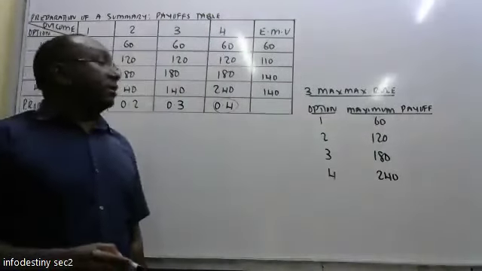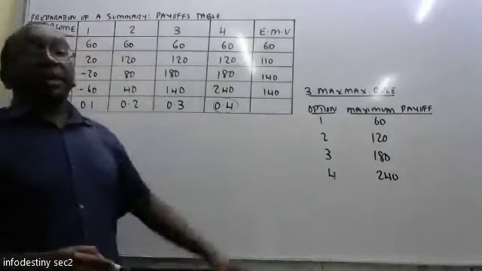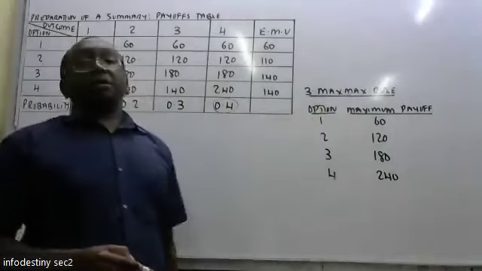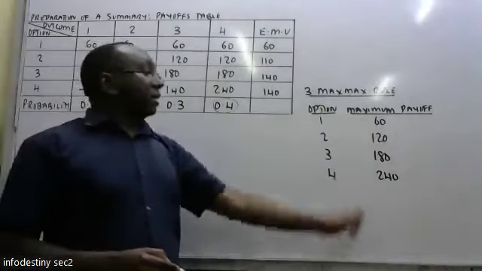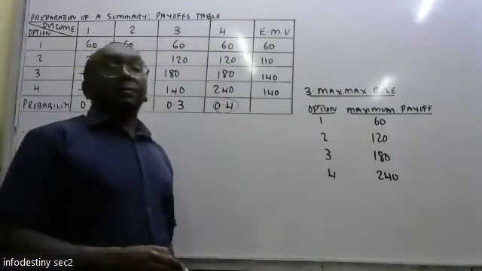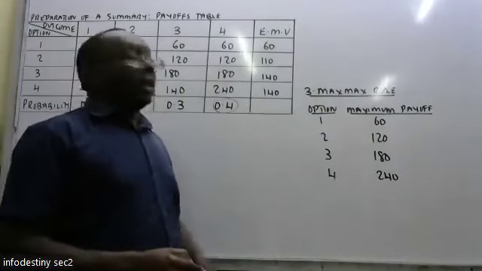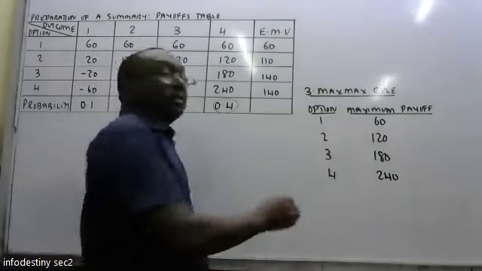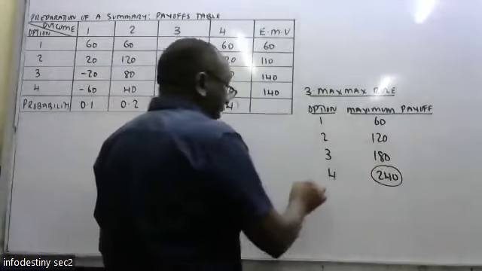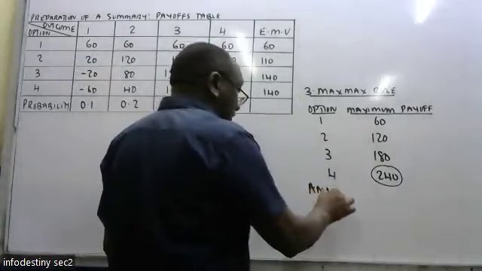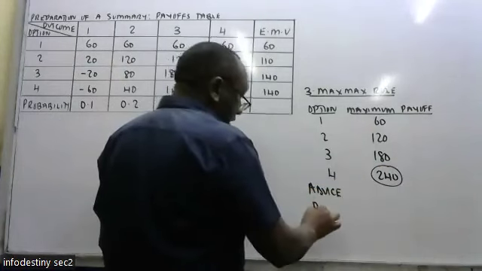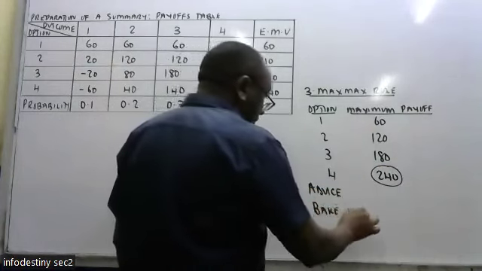Now this one is interpreted as: select the maximum of the maximums. So the maximum of the maximums here is what? You circle this, and then the advice that you give is that they should pick 4 kids.